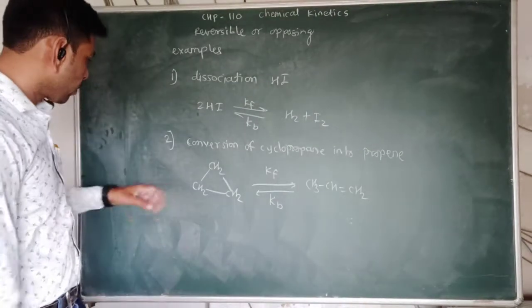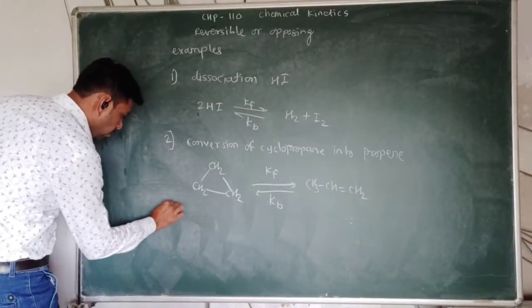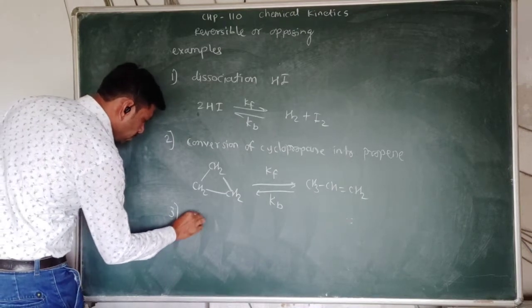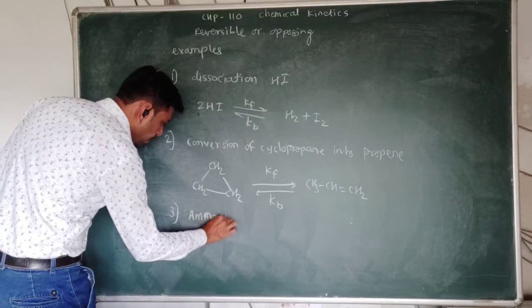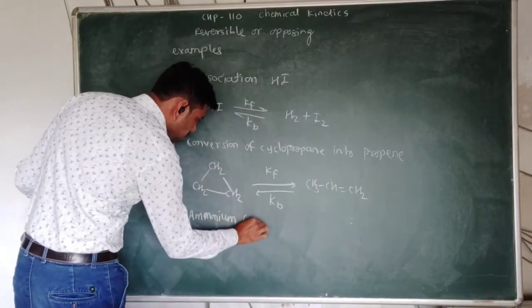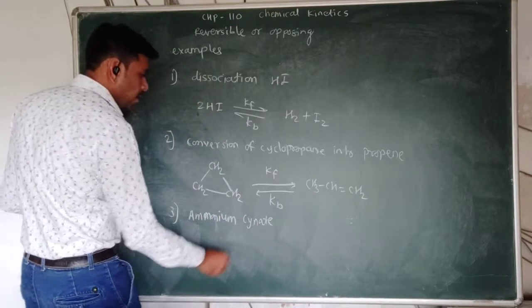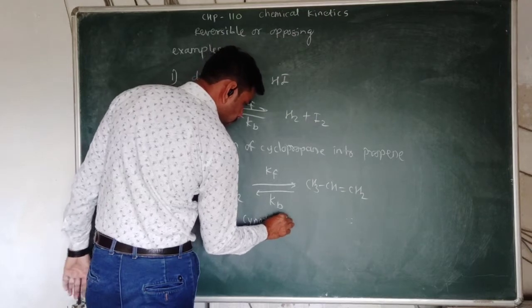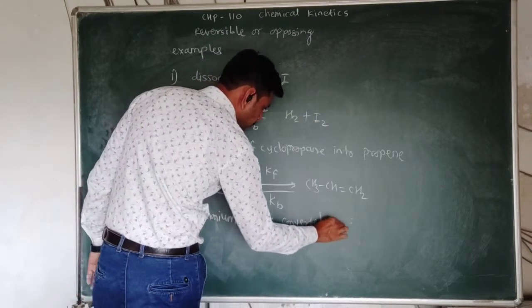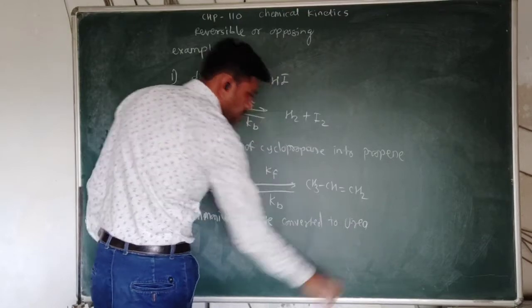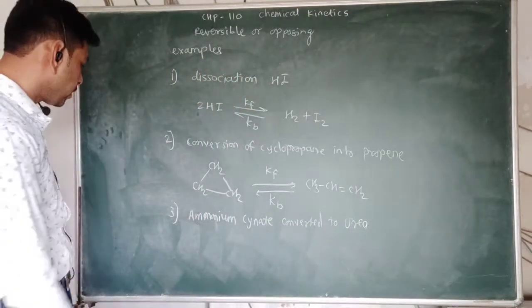Another example is the conversion of ammonium cyanate to urea, which is also an example of an opposing reaction.